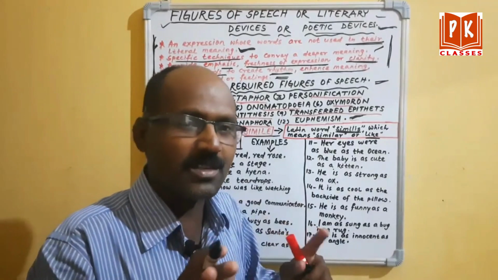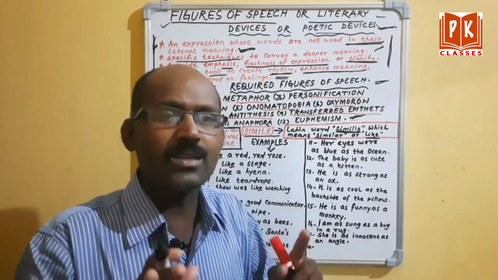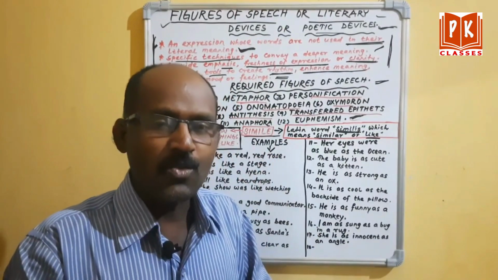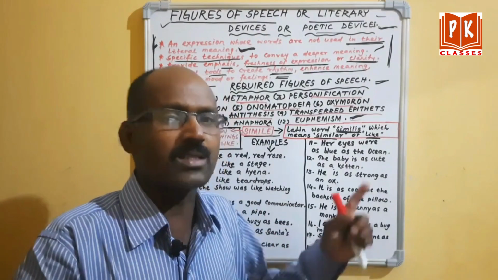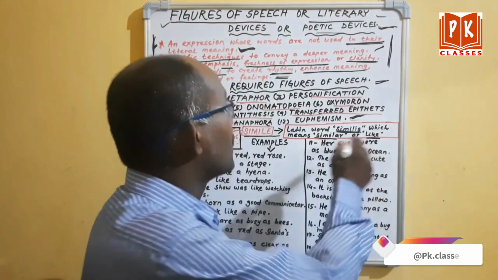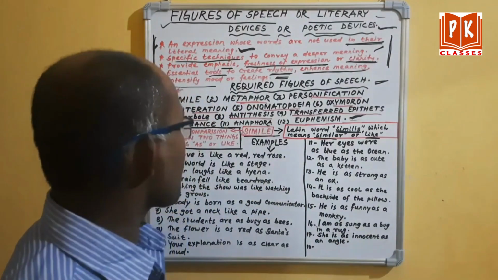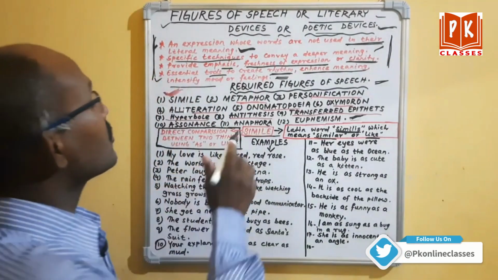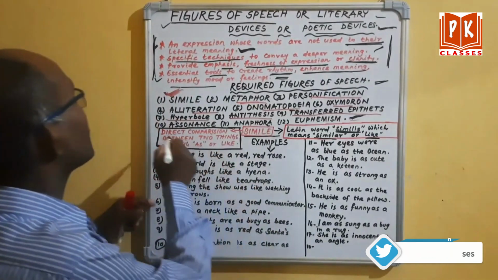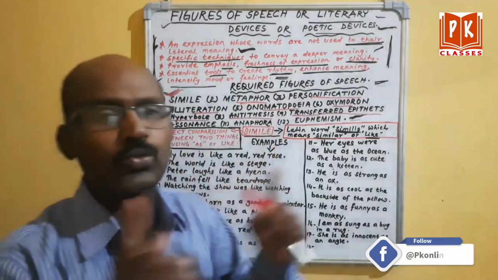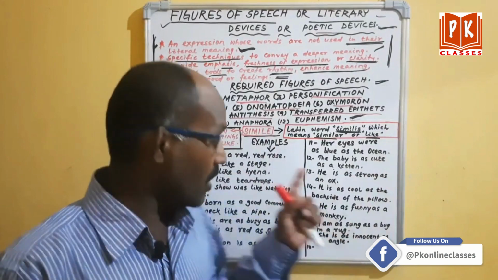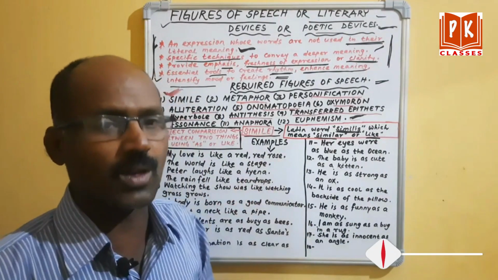Did you understand what is simile? Simile is that figure of speech which has been derived from the word similes, which means similar or like. Then how is it used? Simile is a direct comparison between two things. You will find it in the examples we will discuss one by one.